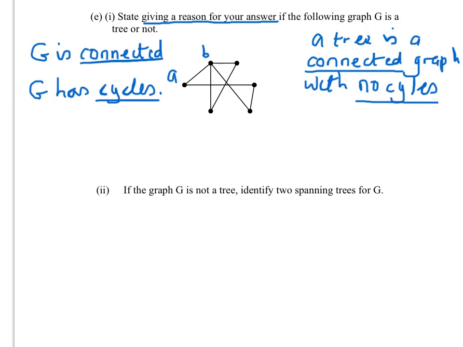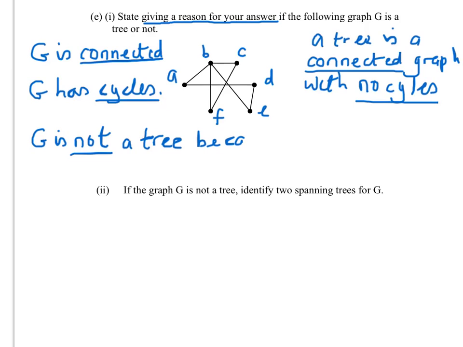If I name the vertices A, B, C, D, E, and F, then I can answer the question by saying that G is not a tree because it contains a cycle.